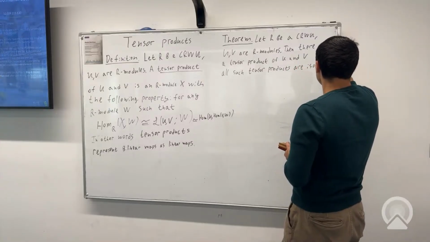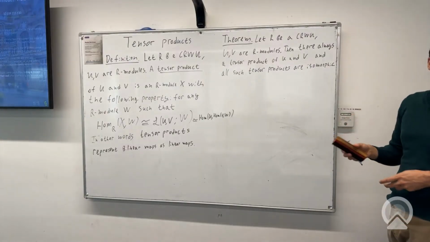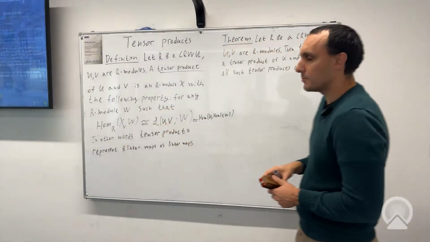So this is an abstract definition. We don't give an explicit construction. We just give what property it should have.